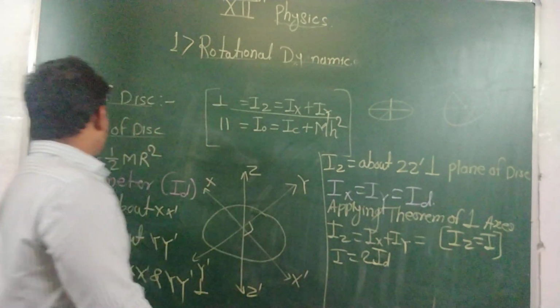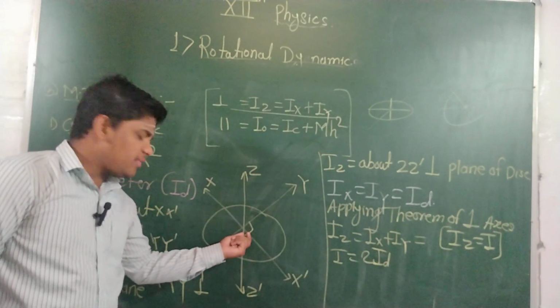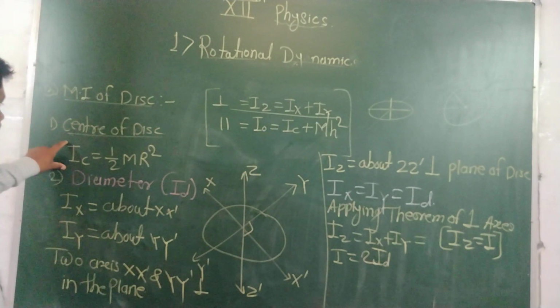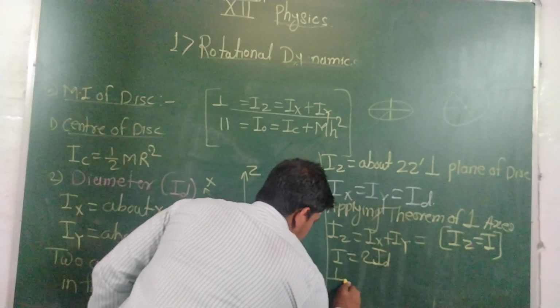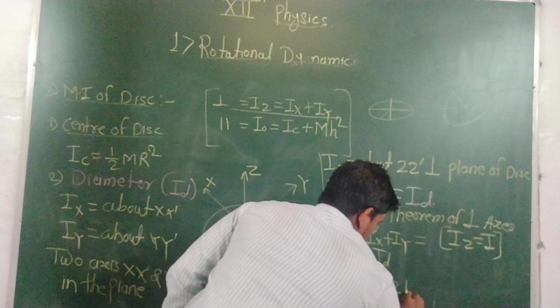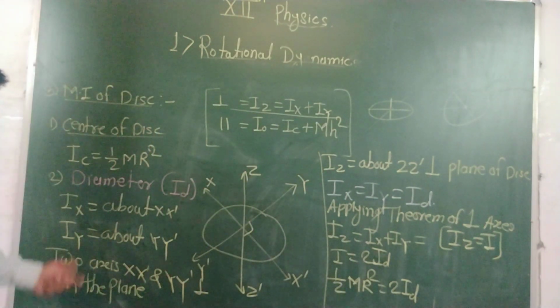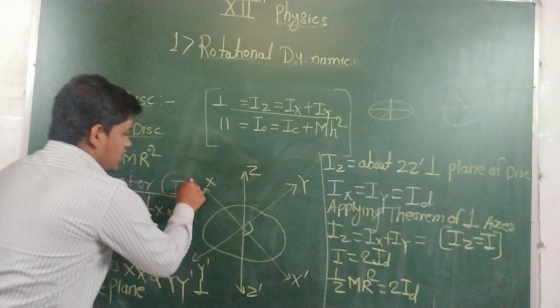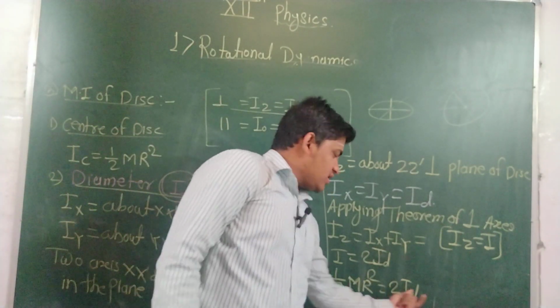And what is I of z? The z axis passes through the center and is perpendicular, so it is half of m r square, which is equal to 2 into I of d. We want to find the moment of inertia along the diameter, that is, we have to find out I of d.